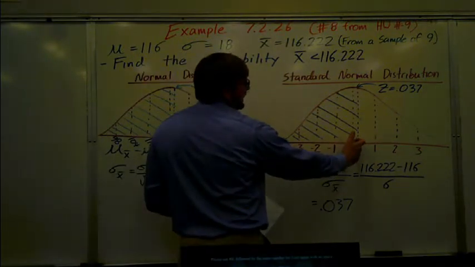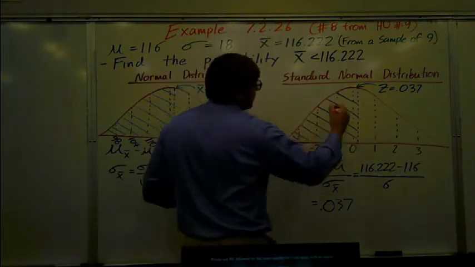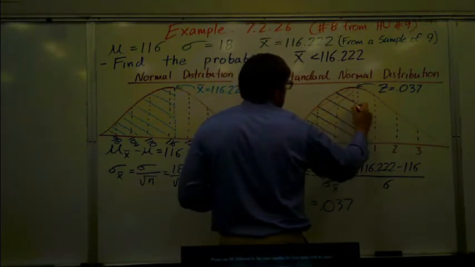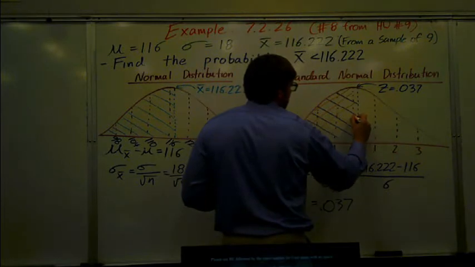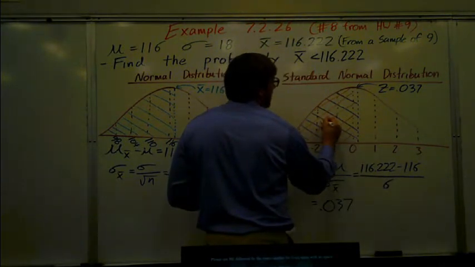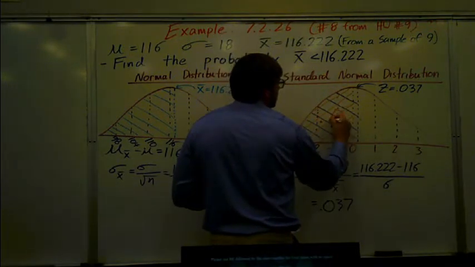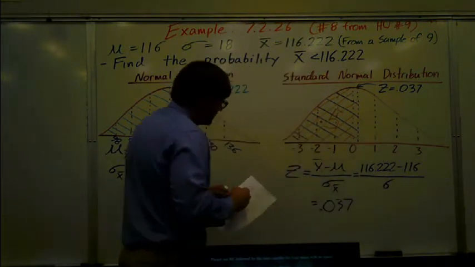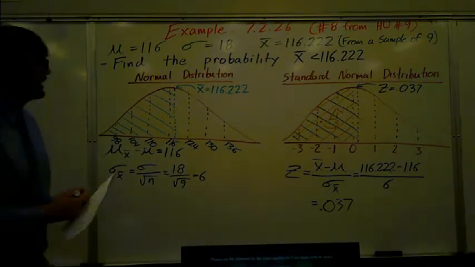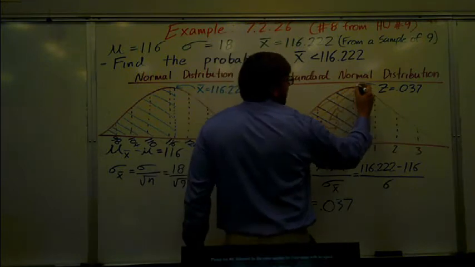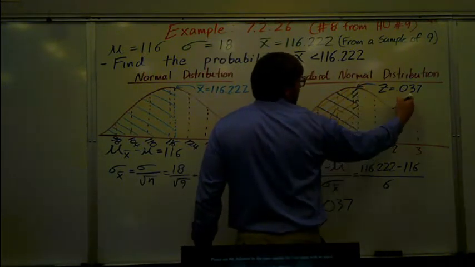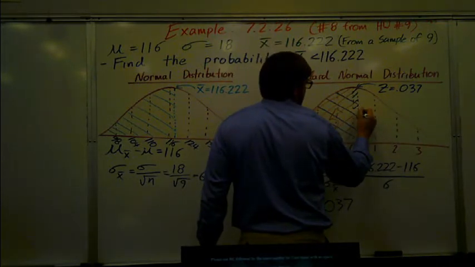The area to the left of 0, or all this area right here, which we know is just going to be 1/2 or 0.5. And then the second area of interest is this little chunk right here between 0 and a positive 0.037.